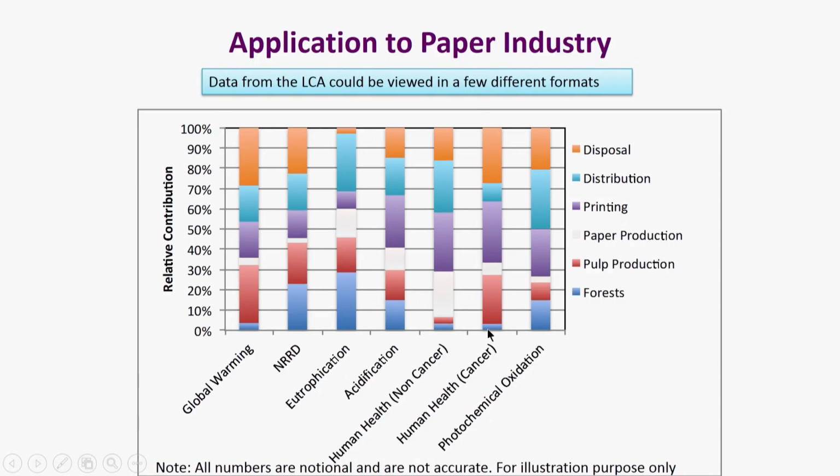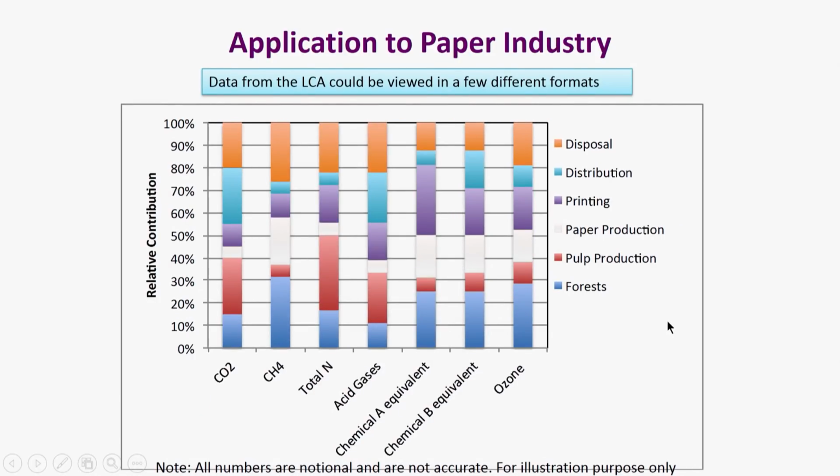The actual human health cancer potential may be very small, but these are the distributions among the different processes for that particular cause. So, within each category there is 100% distribution, and actual numbers of this are not comparable. Human health cancer cannot be compared with global warming, each one has its place. They are two different aspects and cannot be pitted one against the other.